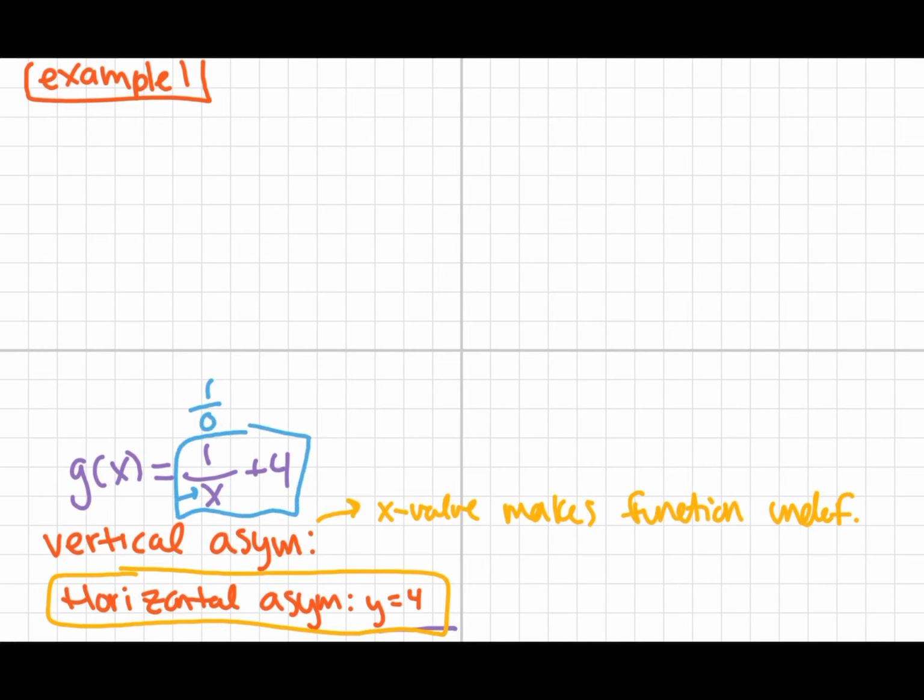Well, let's say I did 1 over 0 plus 4. Well, what's 1 over 0? Undefined. Plus 4, still undefined. Doesn't make sense. So by thinking that through and really focusing on that denominator, I realize that my undefined value here is 0. So my vertical asymptote is x equals 0.